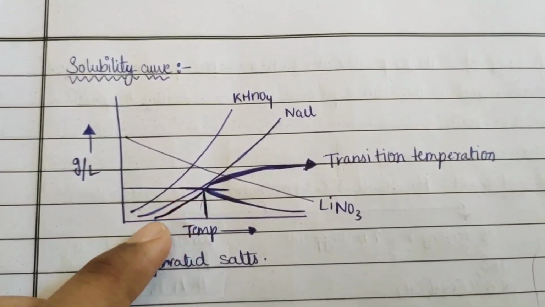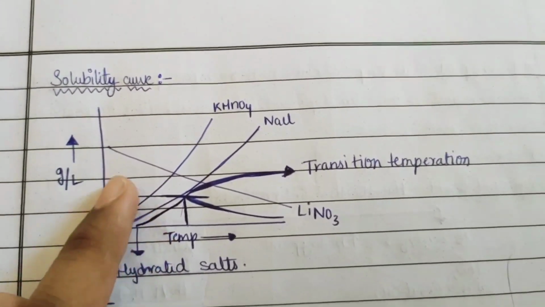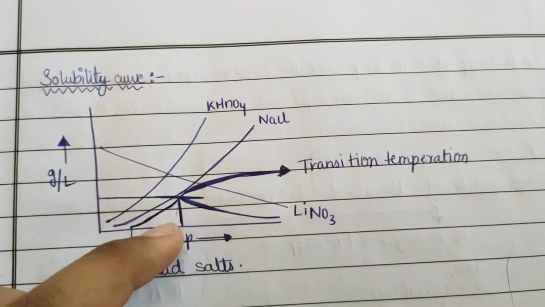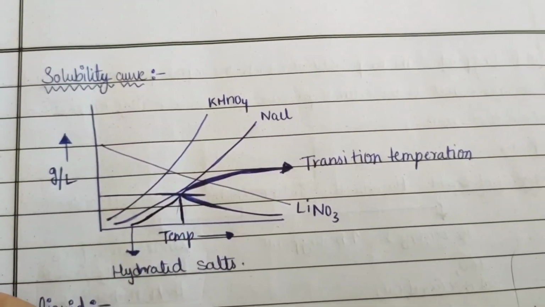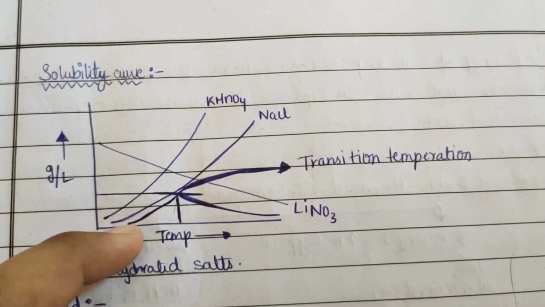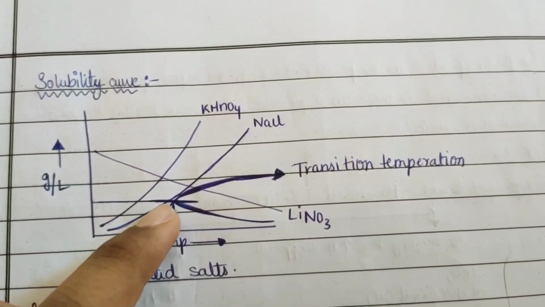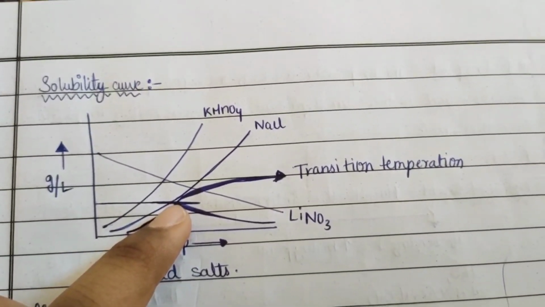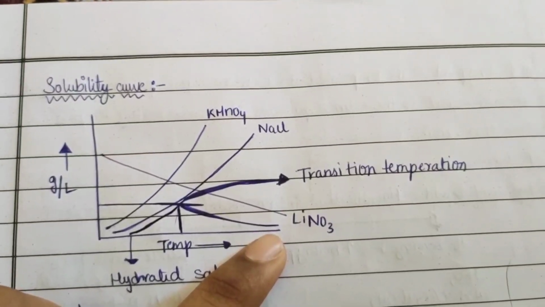You can see the positive deviation in KMnO4 and NaCl, and there is negative deviation in LiNO3. Here an interesting graph is shown by hydrated salts, where solubility increases with temperature, and here you can see the transition temperature, and suddenly it decreases.